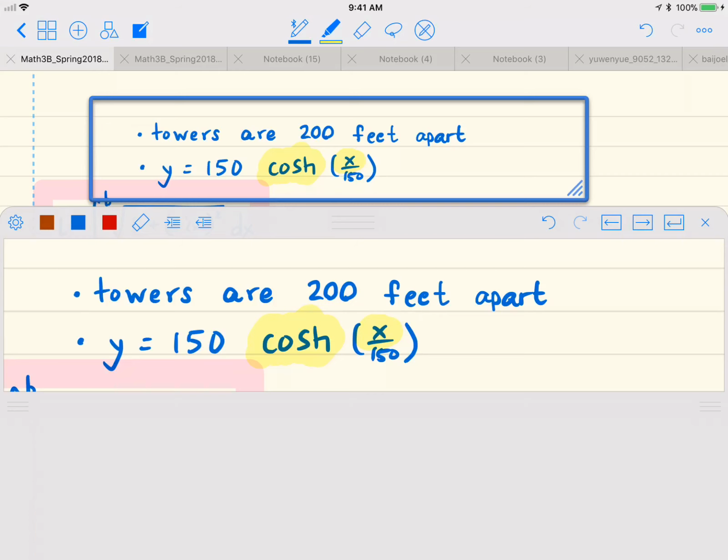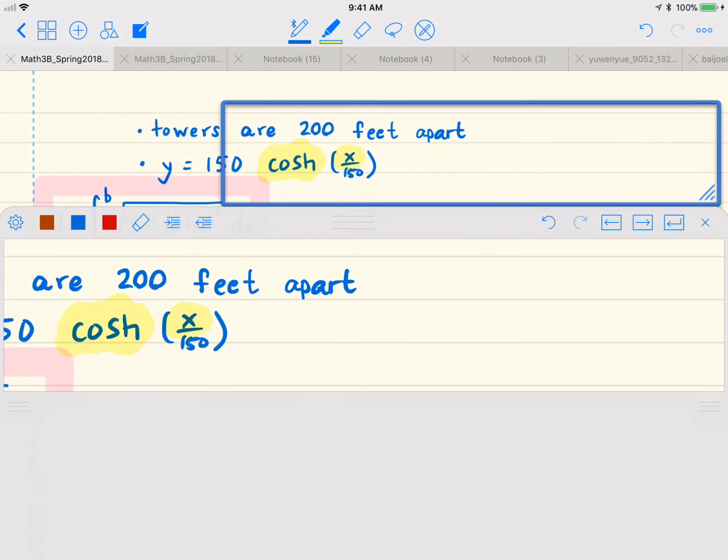Okay, so first thing I want to do here, I'm going to draw a little picture. So imagine I've got maybe two towers here, and between the towers is hanging a thick rope.